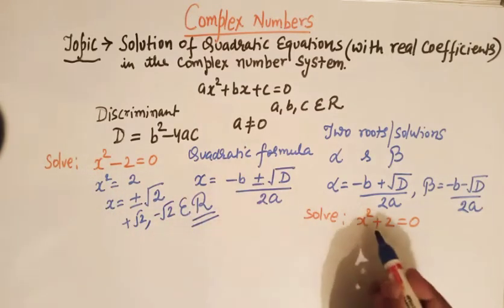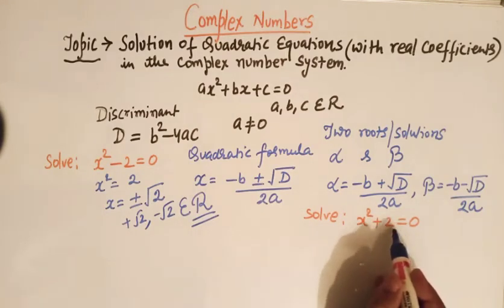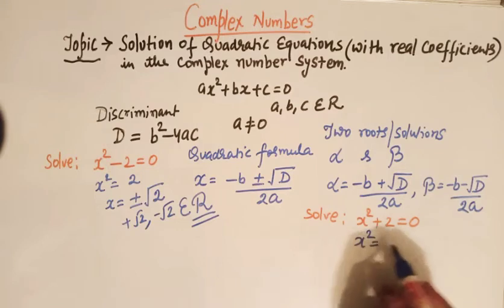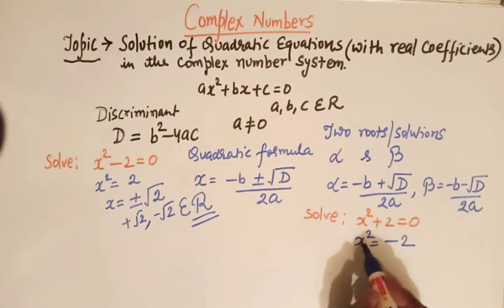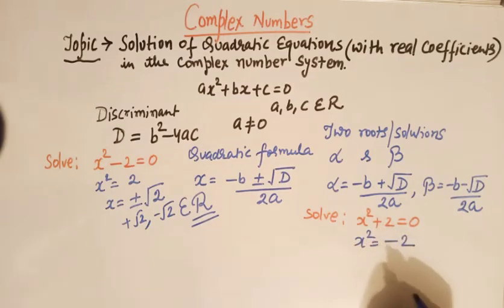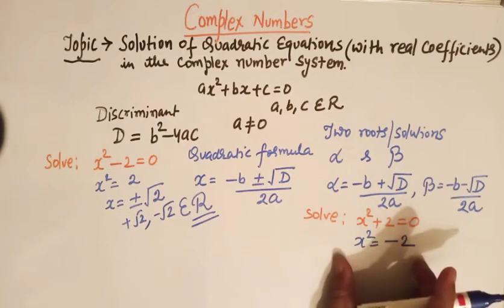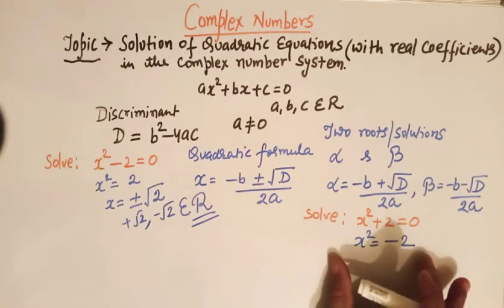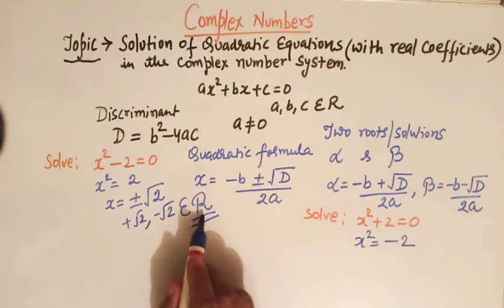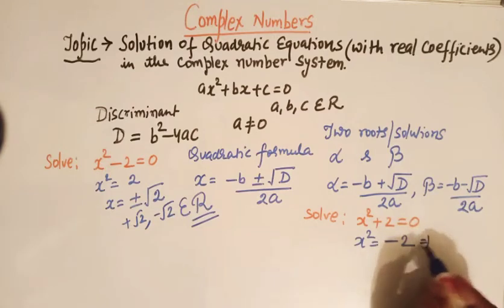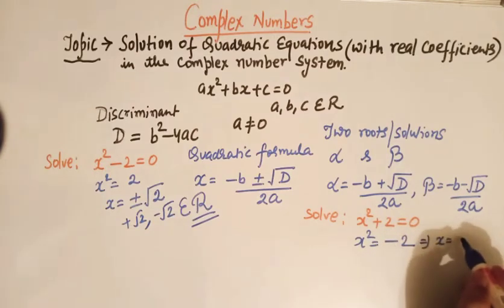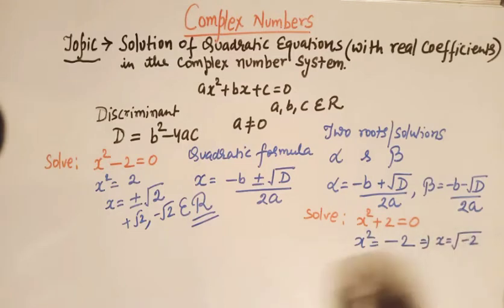Now let us solve this quadratic equation. So here if I write x square is equal to minus 2, it means we have to now take the square root of a negative number, right? And we have already seen in our introduction of complex numbers that such an equation does not have its roots in the set of real numbers. So viewers, what we do here, we write x is equal to square root of minus 2, right?